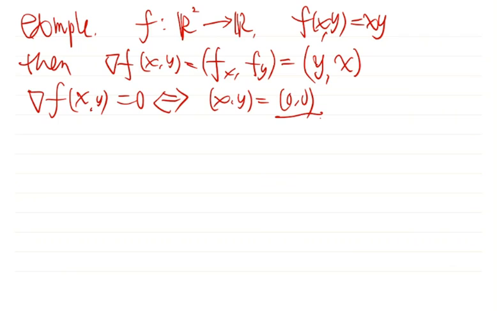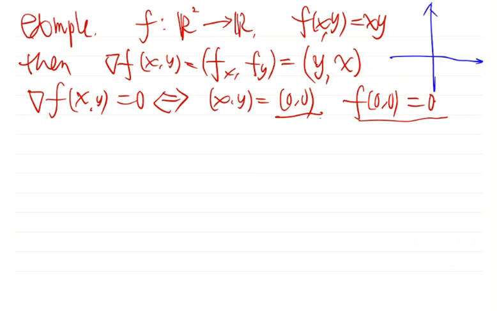The f(0,0) obviously is 0, but 0 is neither a local maximizer nor a local minimizer, because f is 0 on the coordinate axes, and f is positive here and negative here.